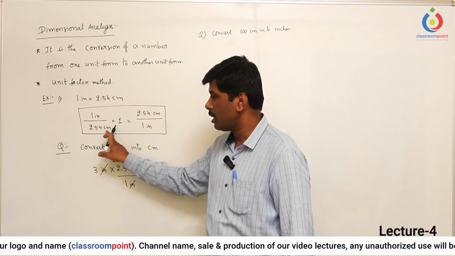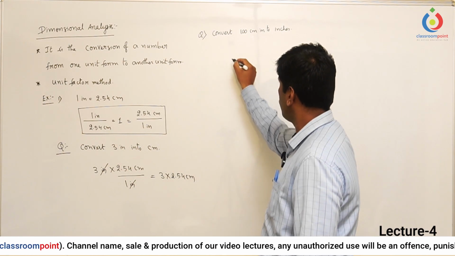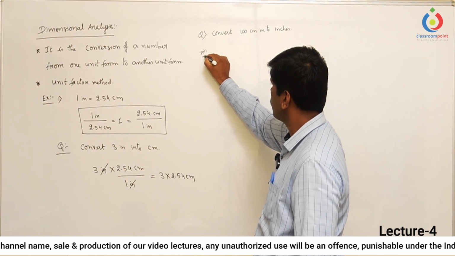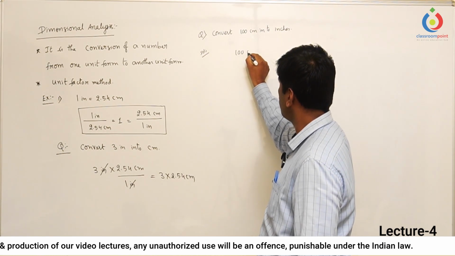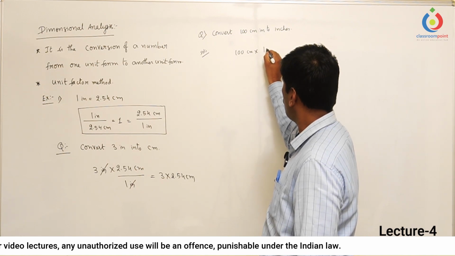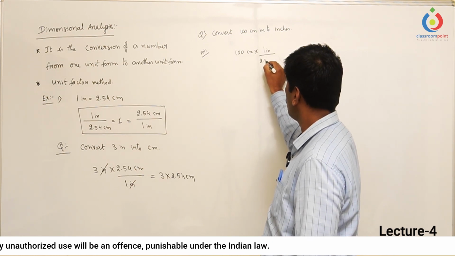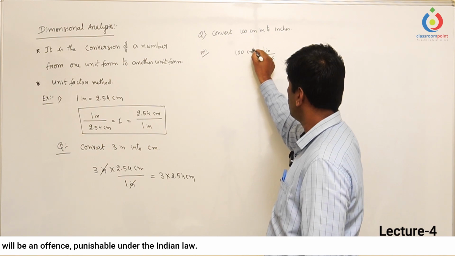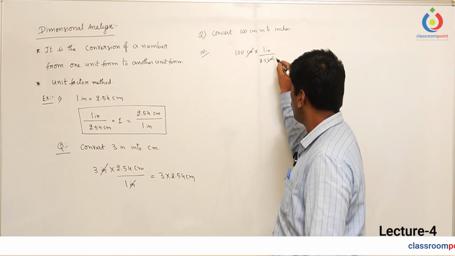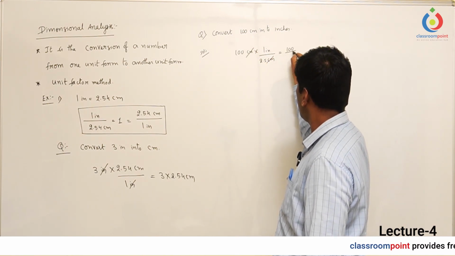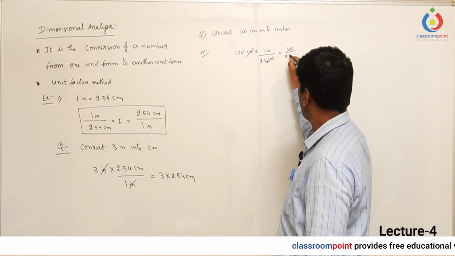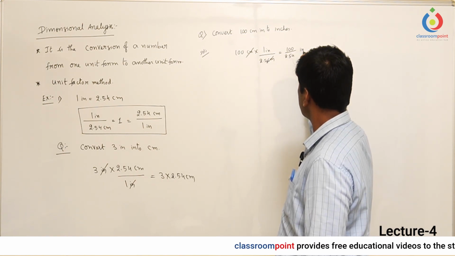So we can write the solution as 100 centimeters into 1 inch divided by 2.54 centimeters. These values cancel out, so we get 100 by 2.54 inches.